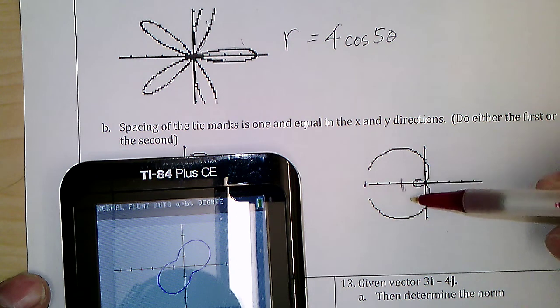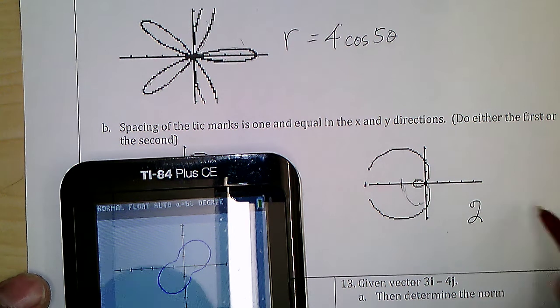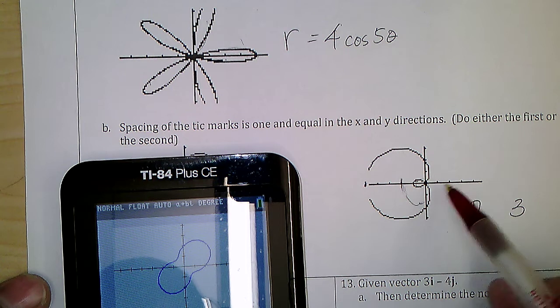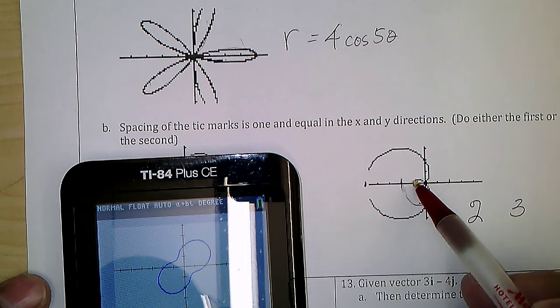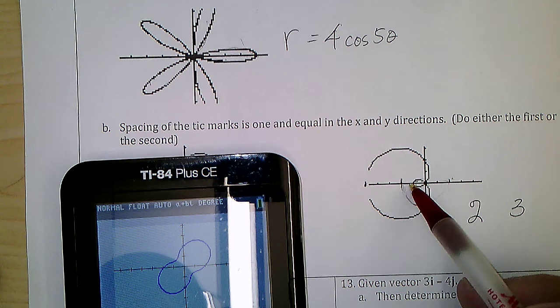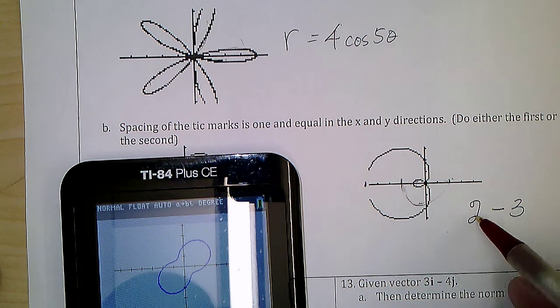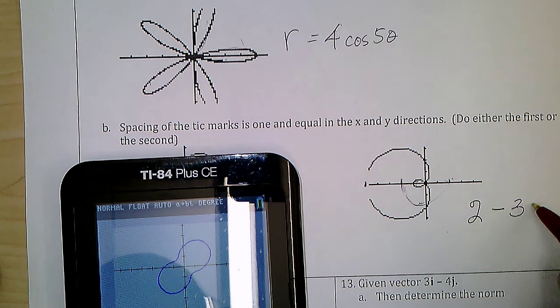So I'm thinking this is based on a radius of 2 again, and an amplitude of 3, and it looks like it starts at -1. So that would be -3. 2 minus 3 would be -1.